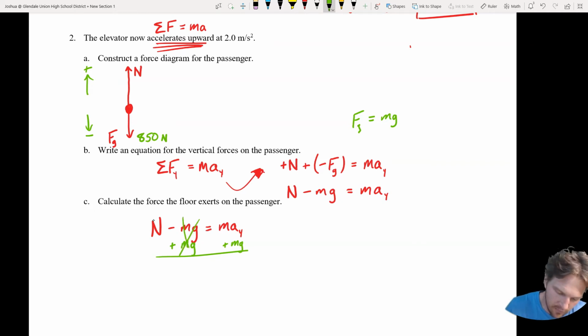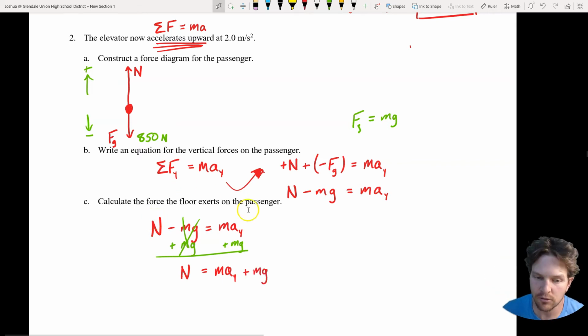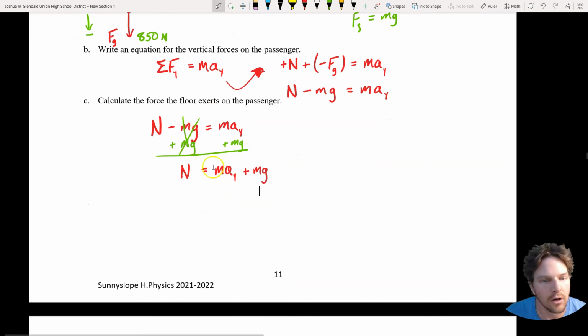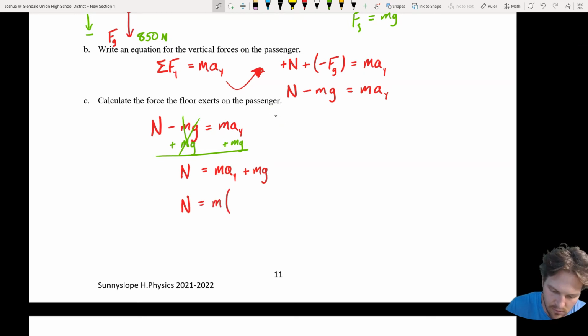And then I have normal force left over here is equal to m times acceleration plus mg. Now you could absolutely just plug and chug right here, plug in 85 for the mass, and then these things, but you'll notice we can clean this up a little bit. There are like terms. This m is the same on each one, so again, I like to make the math as clean as possible.